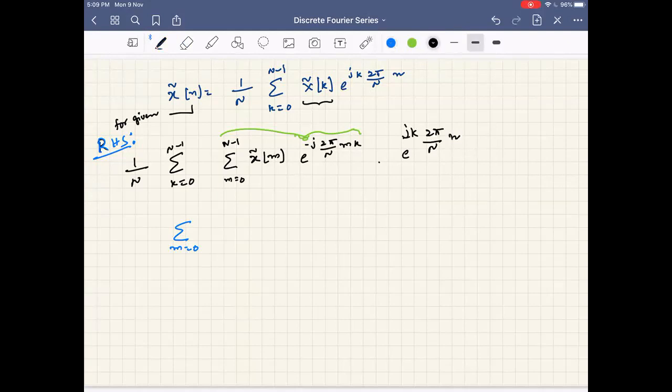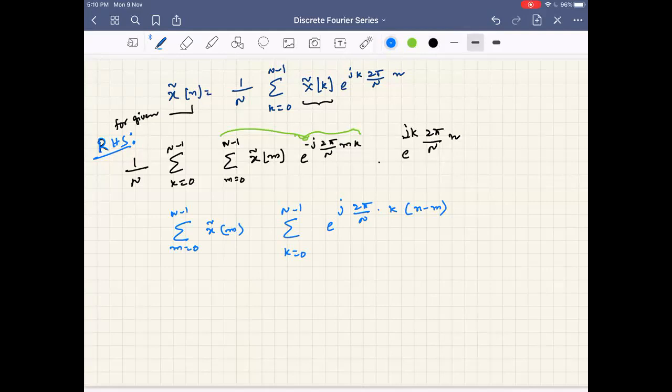So, m equal to 0 to n minus 1, x tilde of m, summation over k equal to 0 to n minus 1, exponential of plus and minus j 2 pi by n into k into n minus m, right?